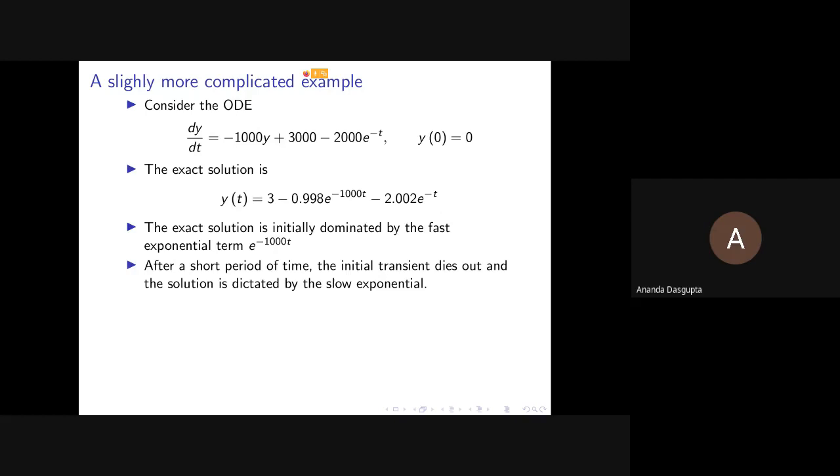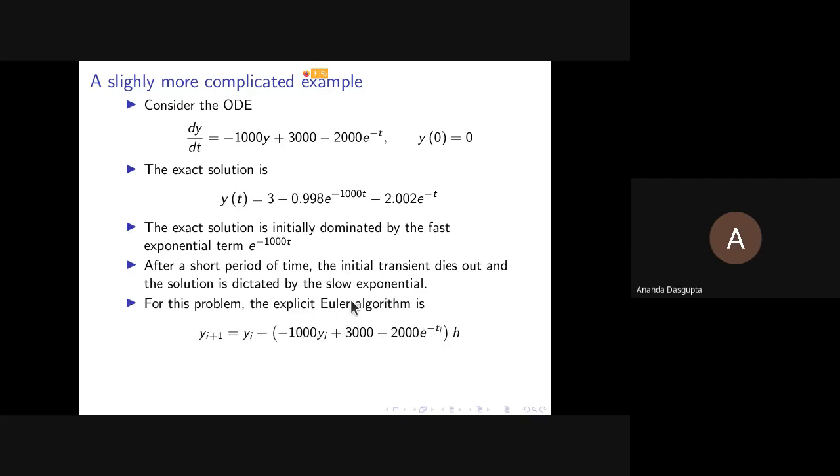Now, the point here is that you have two entirely different time scales at work. One for this very rapid exponential, the other for this much slower exponential. So unless you carefully handle the time step, you are going to get into trouble.